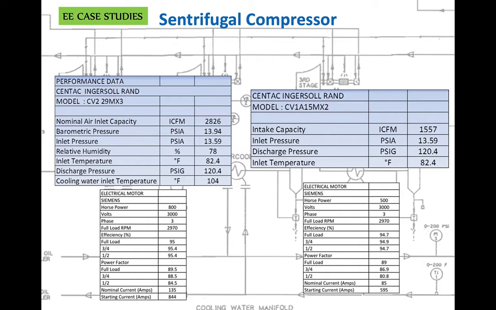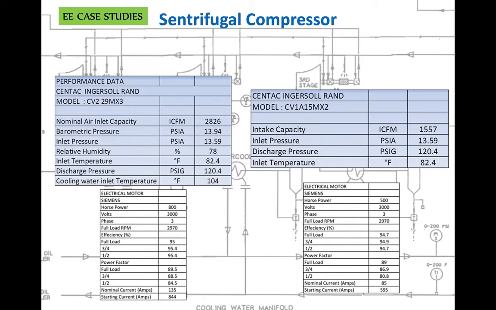If we take a look at these compressors, even though they come from the same brand, they are slightly different in size. The capacity of these two compressors is different.